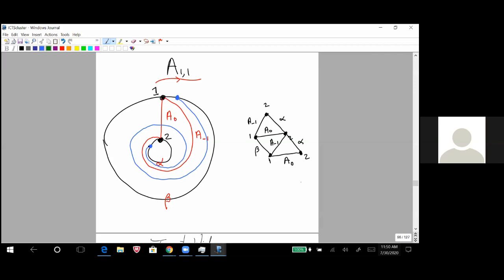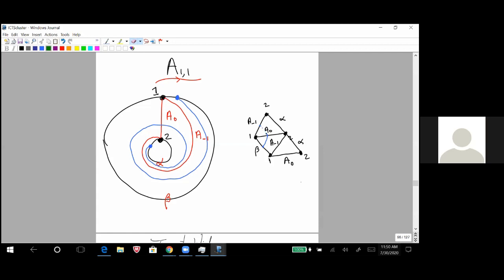So let's look at this again. So we start with beta. Now we pass first through A0, then... sorry, this is even simpler. Apologies, here we just pass through A0, and that's it. We pass through A0, and then we just keep on going to alpha.